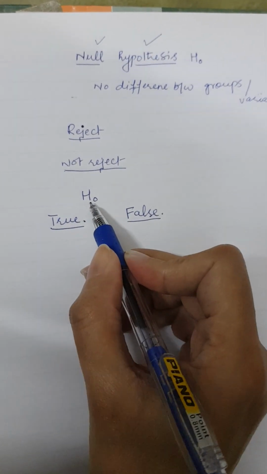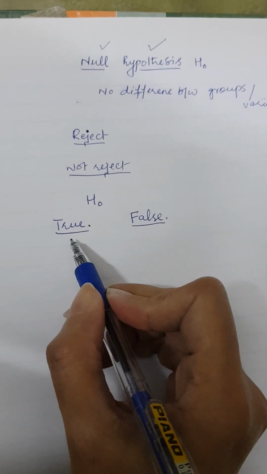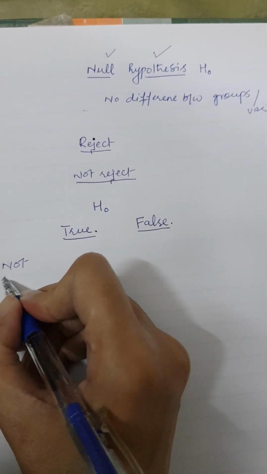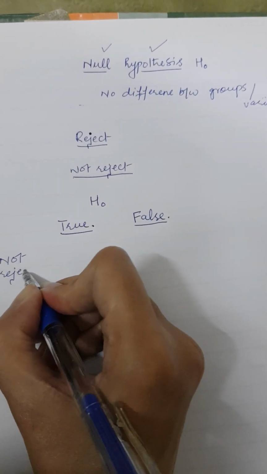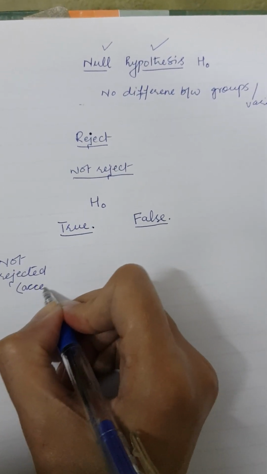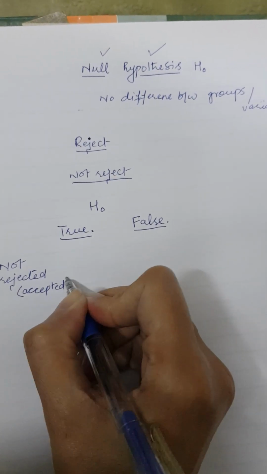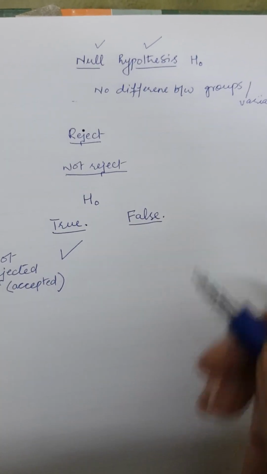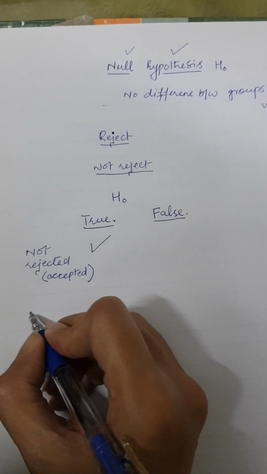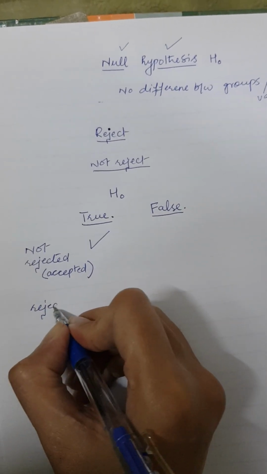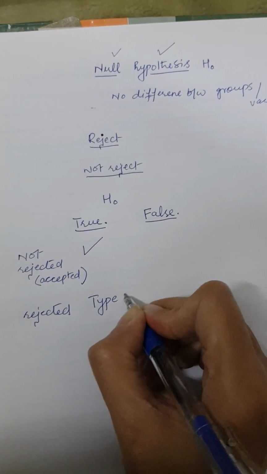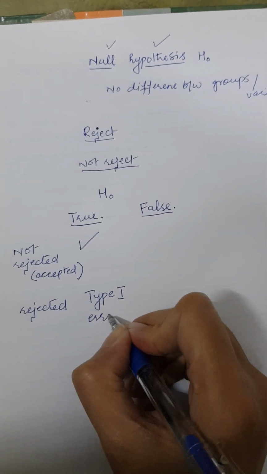Now the null hypothesis is true, and it is also not rejected. It was true and it was also not rejected, meaning the null hypothesis was accepted. So there is no error obviously. But if the null hypothesis was true but it was rejected, this is called type 1 error.